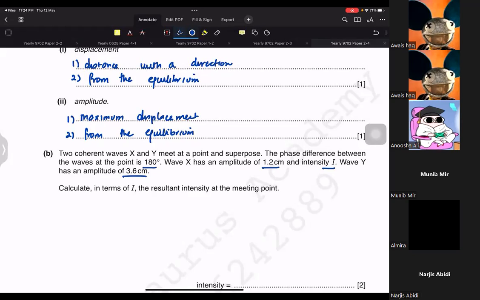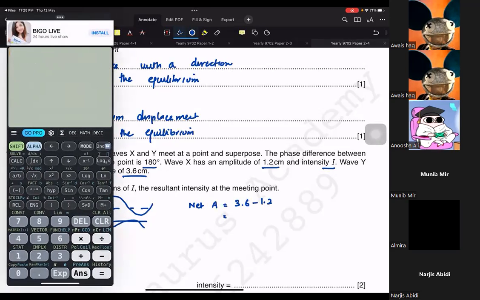Well, we could do this. One wave is like this, the other wave is like this. They're in anti-phase to each other. Suppose that this was 3.6 and this was minus 1.2. So the net amplitude would be equal to 3.6 minus 1.2. That would be 2.4 centimeters.